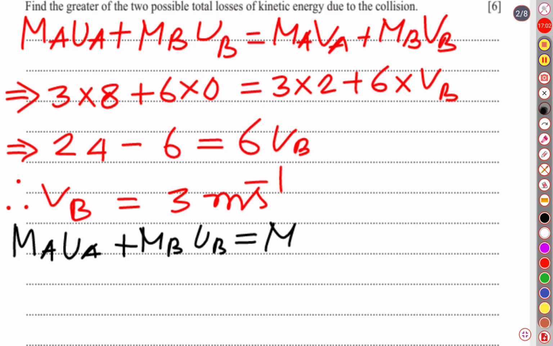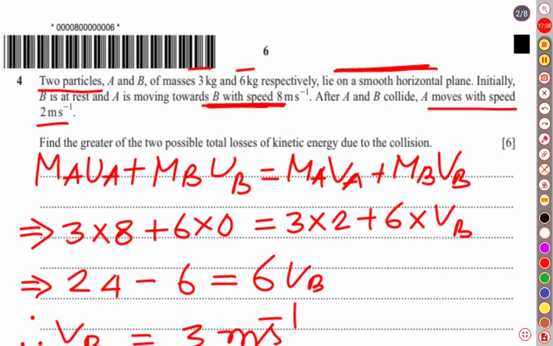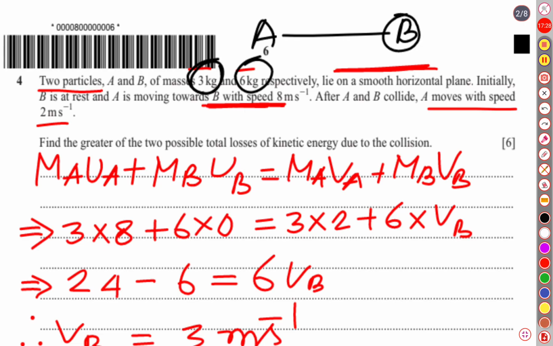We are assuming that after the collision, since the mass of particle A is less than the mass of particle B, 3 kg as well as 6 kg, it may happen that B is over here and A is moving towards B. After collision A may change its direction, A may move backward.